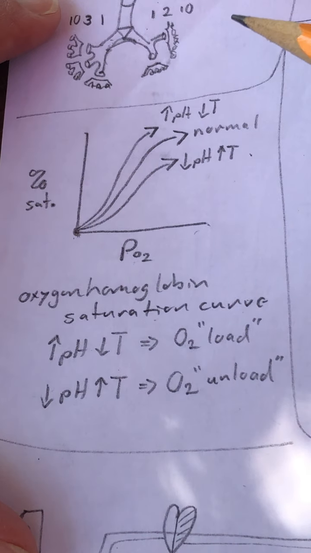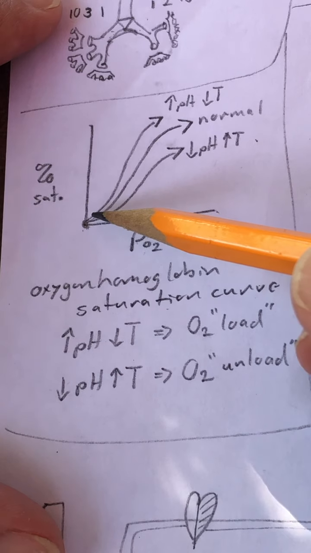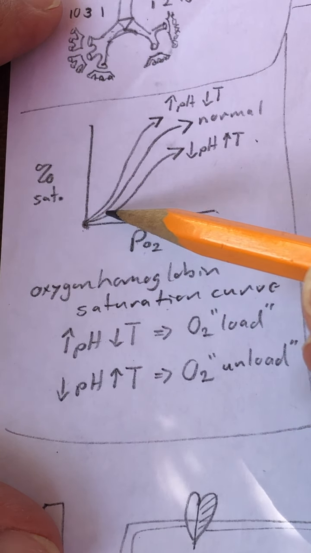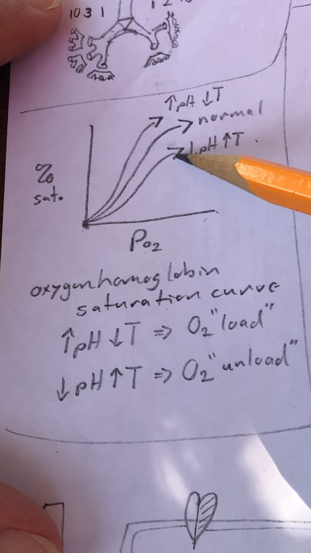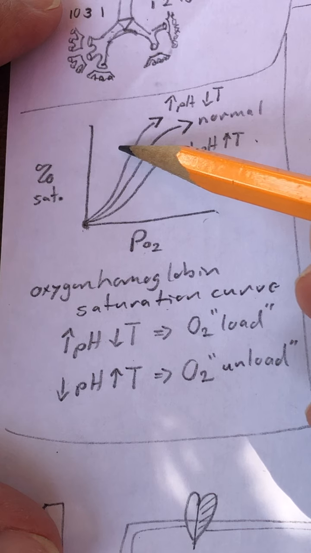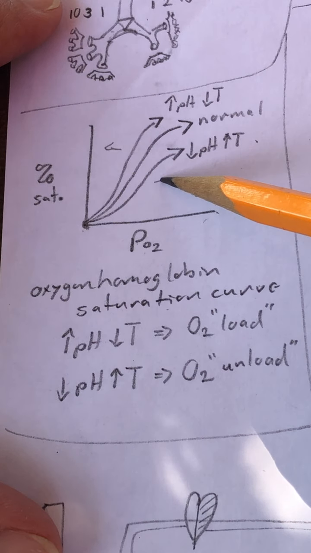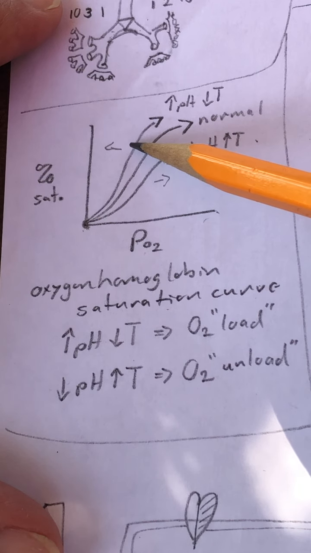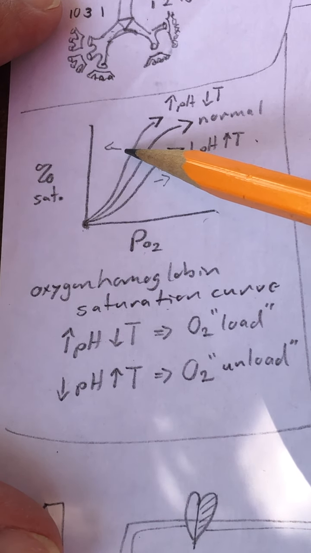Now, we can talk about situations where it is easier to load the oxygen and where it's easier for the oxygen to fall off. And so these things right here are called shifts. We can talk about a left shift and we can talk about a right shift. Left shift means it's more vertical and it's easier to saturate the oxyhemoglobin.